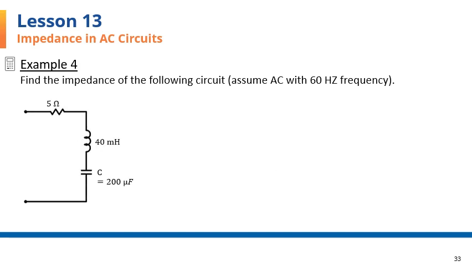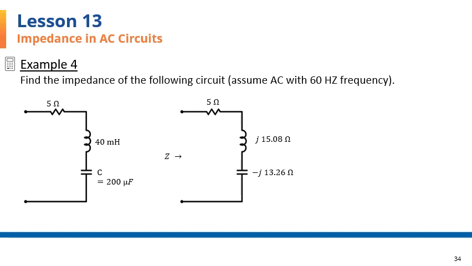Example 4 has all three elements in series. First, converting each element to its ohmic value, again borrowed from example 1, we have those. 5, J 15.08 for the inductor and negative J 13.26 for the capacitor.